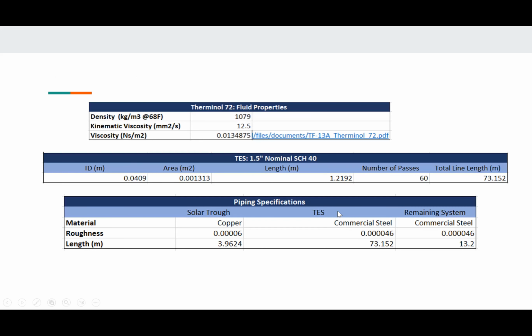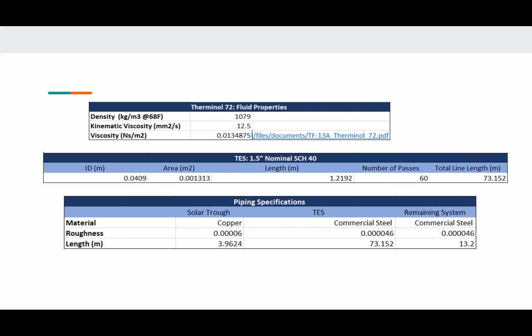Over here, I have a couple of tables detailing calculations based on known variables. The first table has the Therminol 72 fluid properties. We have density, kinematic viscosity, and also dynamic viscosity listed out. Then it is given that the pipe sizing of the TES is 1.5 inch nominal, schedule 40.